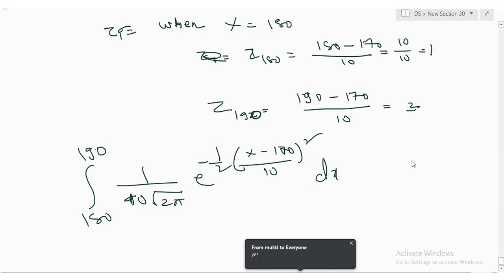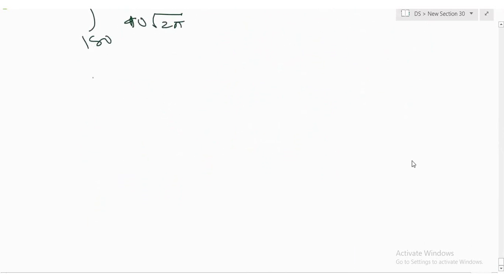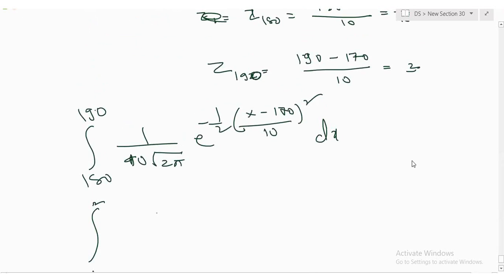So what these people have done is, finding out this area is equivalent to finding out this: 1 to 2, because at 170, 180, my Z value is 1 and this is 2. How much is this? 1 by sigma. Sigma is how much for Z? Sigma is 1, no?